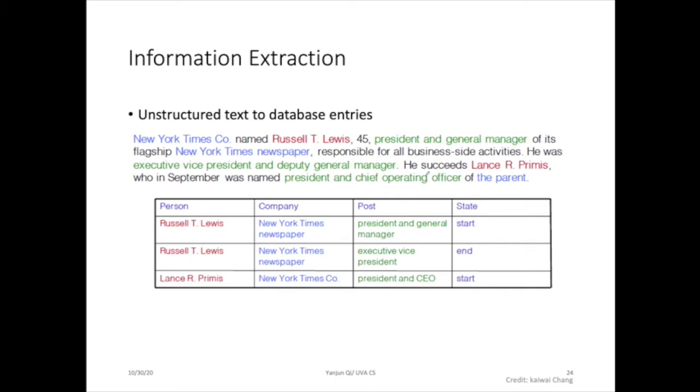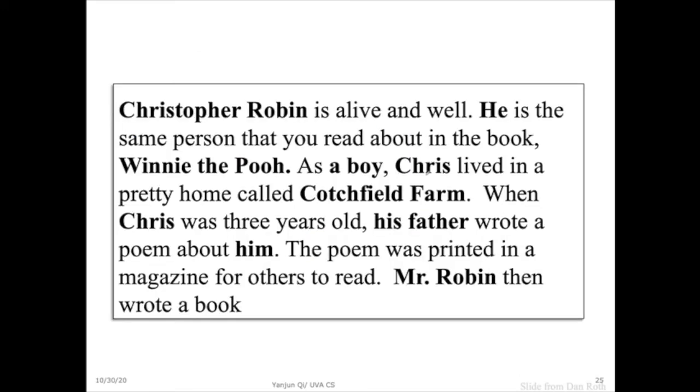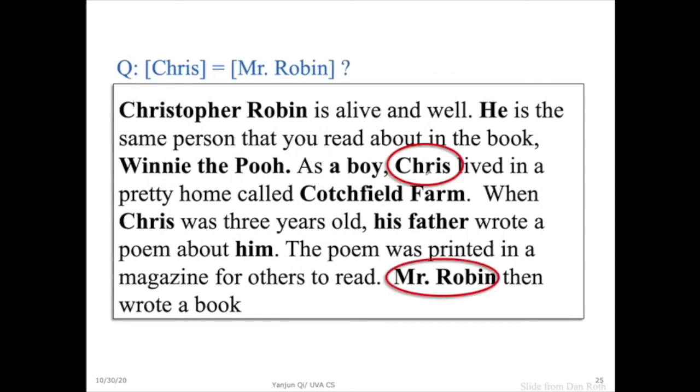So there is named entity recognition here, and then there's also a different level called coreference resolution task. When talking about the same person in unstructured text, writers normally don't just use the same name, right? In this case, for example, Chris and Miss Robin are essentially the same person, but that's just writing.